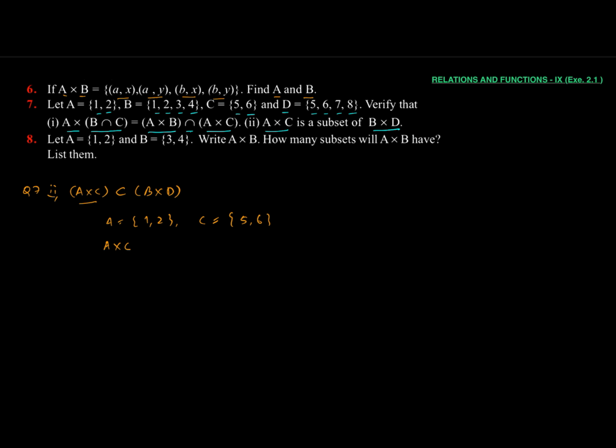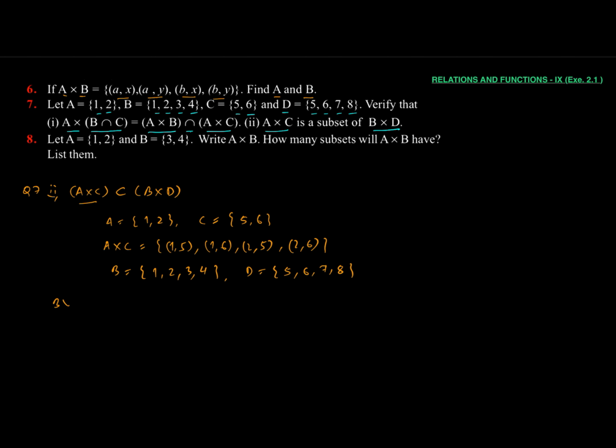So A cross C, as we know, will have elements (1, 5), (1, 6), (2, 5) and (2, 6). Now we'll determine what B cross D is. So we have set B with elements 1, 2, 3 and 4, and set D with elements 5, 6, 7 and 8.